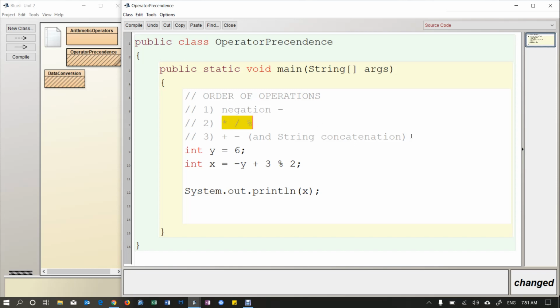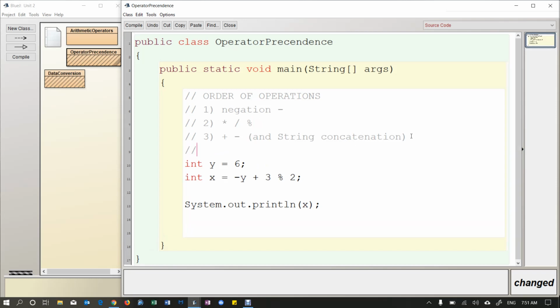And then finally is the equal sign, which we really haven't talked about in depth, but that is actually called the assignment operator. I know in math class we call this the equal sign, but in programming we actually call this the assignment operator.